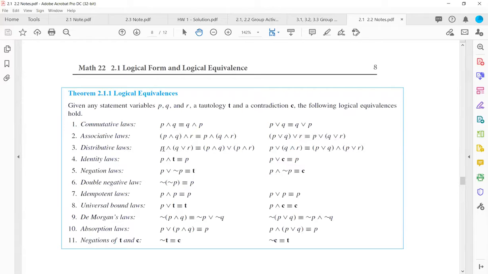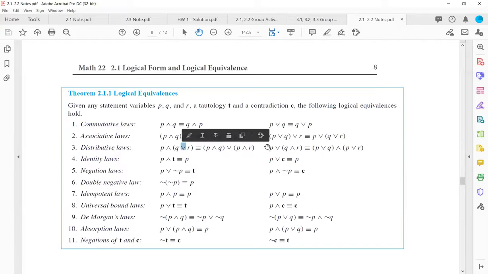So if we distribute and over or, it's going to be the combination of P and Q connected with P and R using or.